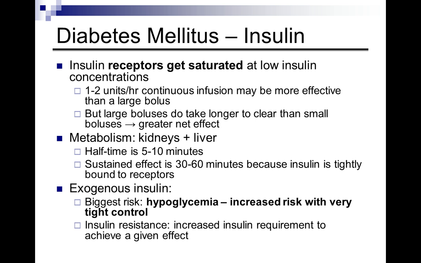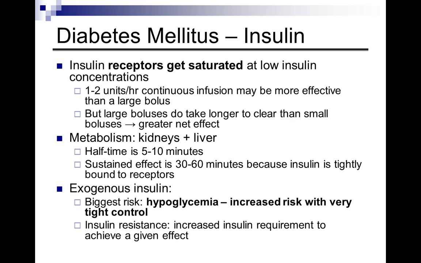way to manage hyperglycemia. Insulin is metabolized in the kidneys and the liver with a half time of only 5 to 10 minutes, but the sustained effect of insulin is closer to the 30 to 60 minute range, and that's because insulin is so tightly bound to receptors. When using exogenous insulin, it's important to remember for boards questions as well as clinical practice that the biggest risk is hypoglycemia.